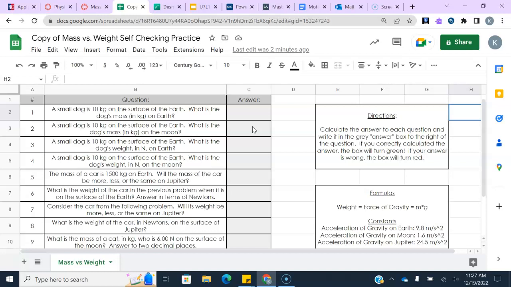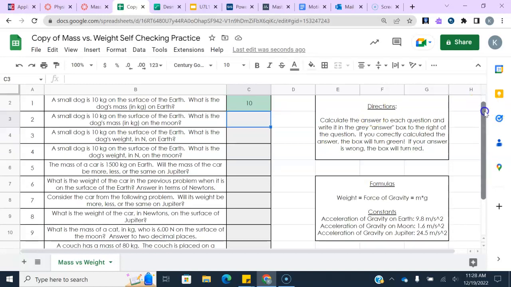Remember, mass doesn't change, weight does. So if you see a question that's asking you about mass, mass is the same wherever you go. So if a dog is 10 kilograms on the surface of the earth, the mass is always going to be 10 kilograms. And this particular sheet does not have you type in units, so you can just type in the number. Question 2 is very similar to that one.